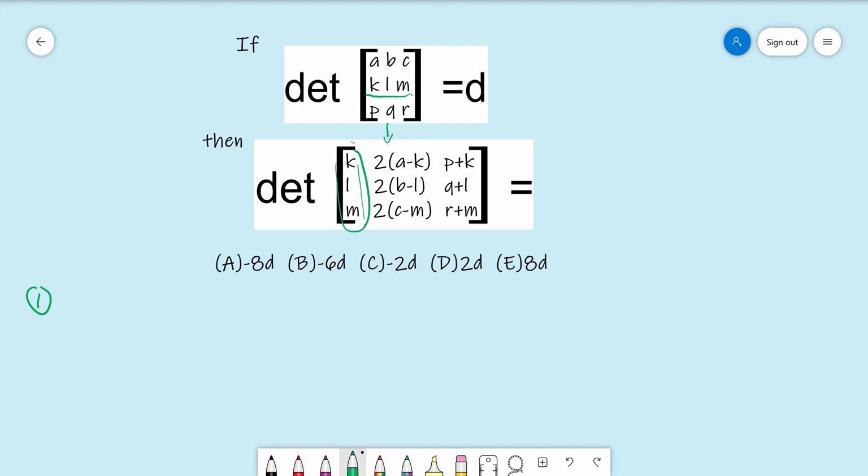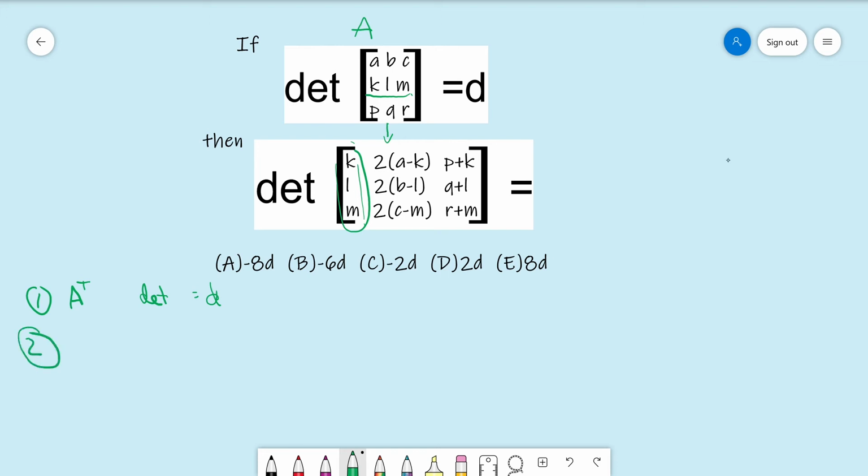So the first operation that we're going to do is a transpose. Let's call this matrix A. The first operation is going to be an A transpose, and the determinant is still going to be D, because transpose doesn't affect the determinant.